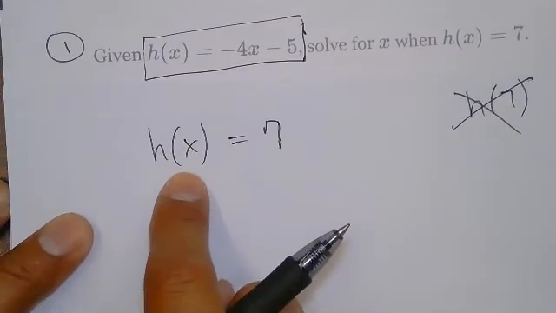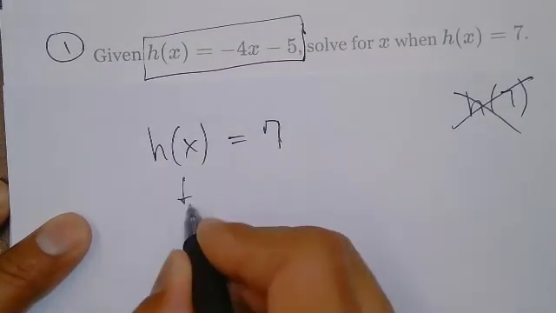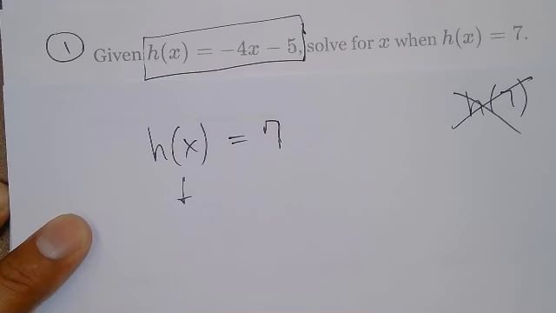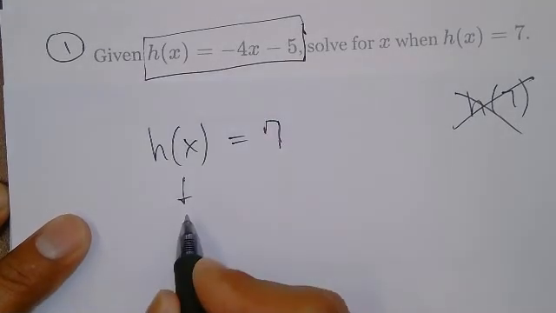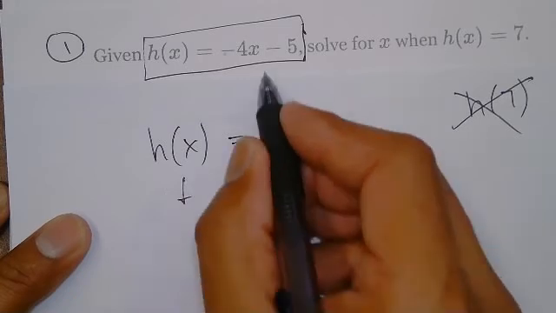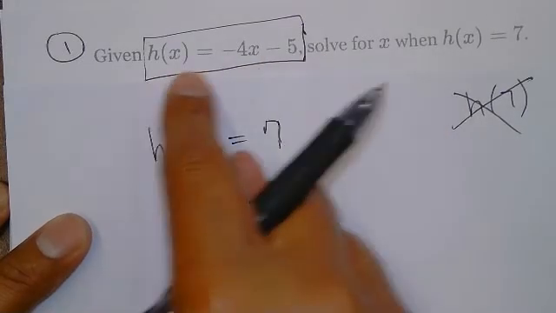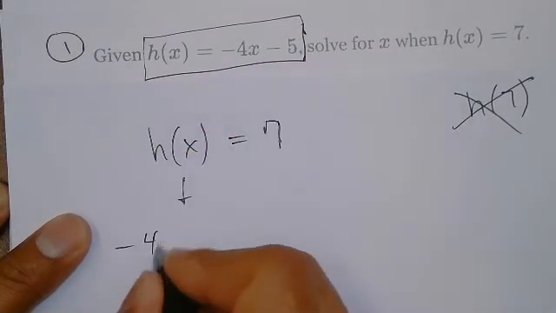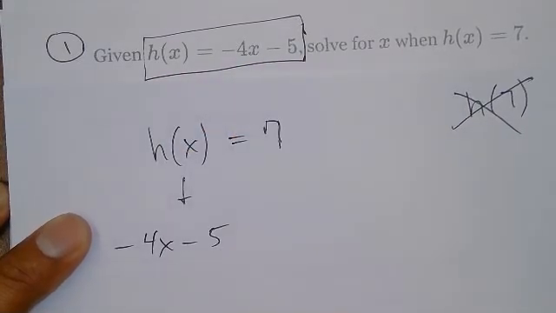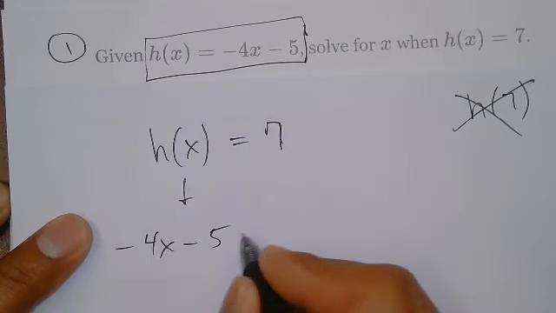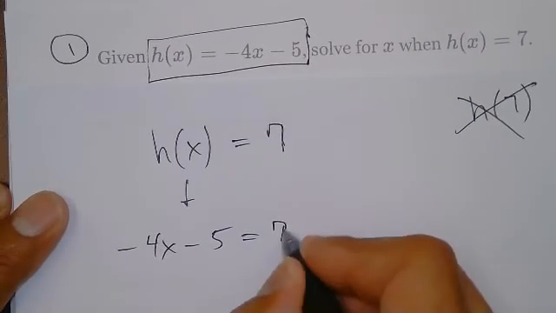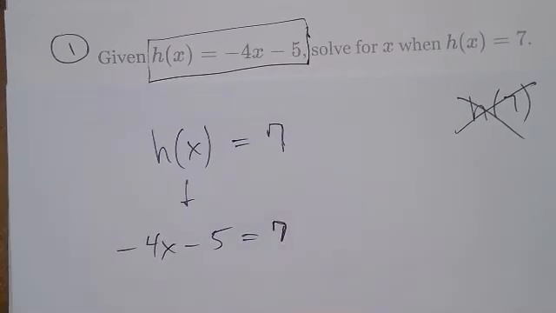Here, for h of x, what do you replace this part of the equation with? What is h of x? H of x is negative 4x minus 5. And then what? Equals 7.